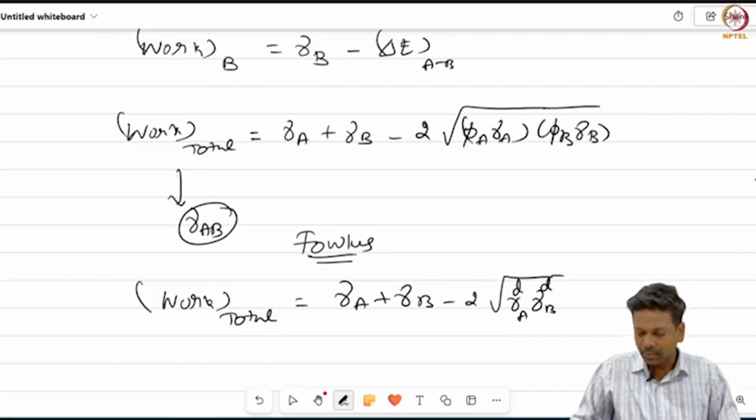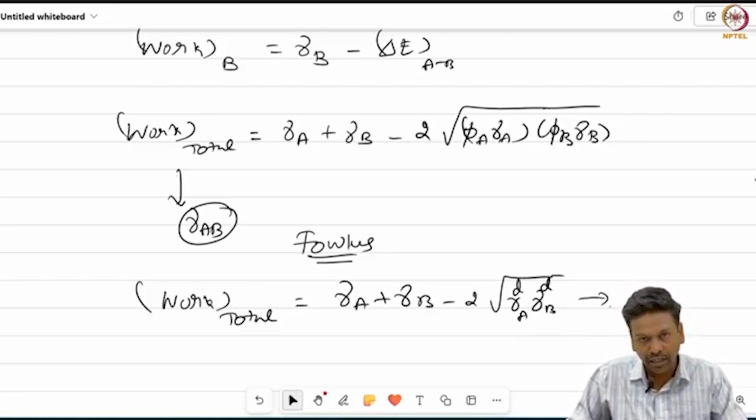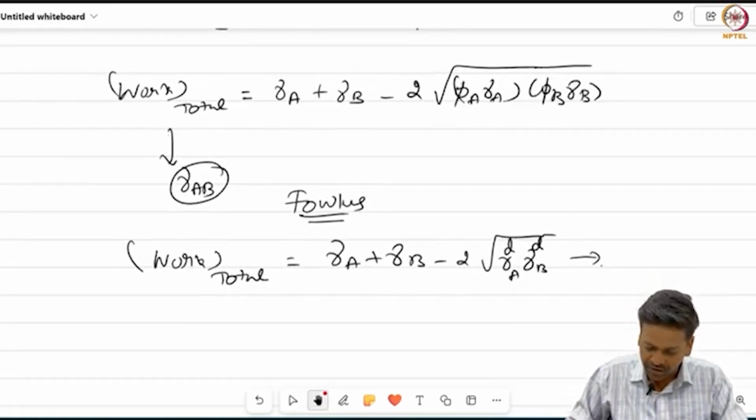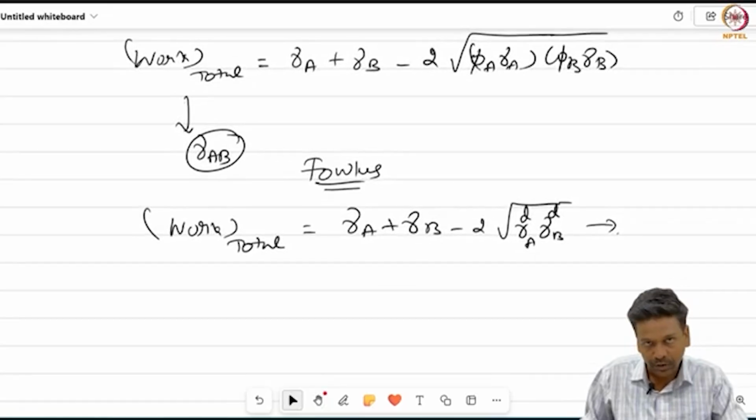In this approximation, you need not worry about the phi A, phi B component, because he uses the London dispersion force based on his proposed method.